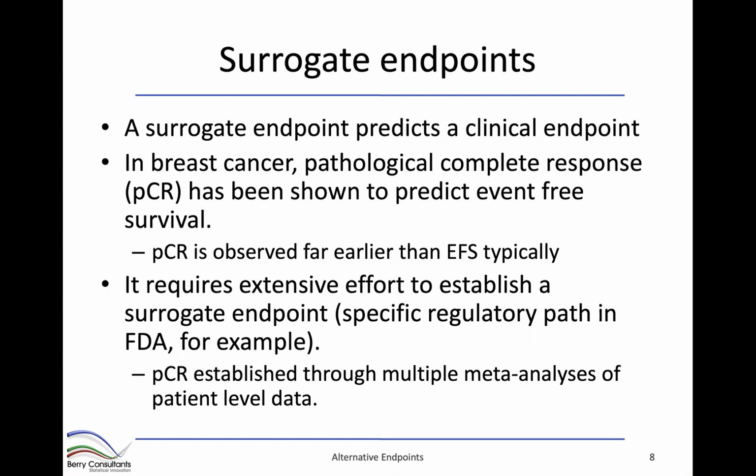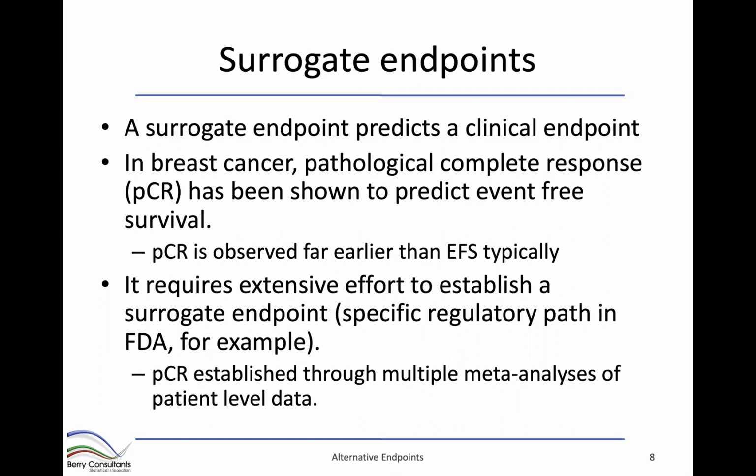Now that endpoint is by itself not necessarily a clinical endpoint. If the tumor wasn't causing any feels, functions, or survival issues, we would still need to know that. But what has been done for a PCR endpoint is that it actually has been shown to predict event-free survival.